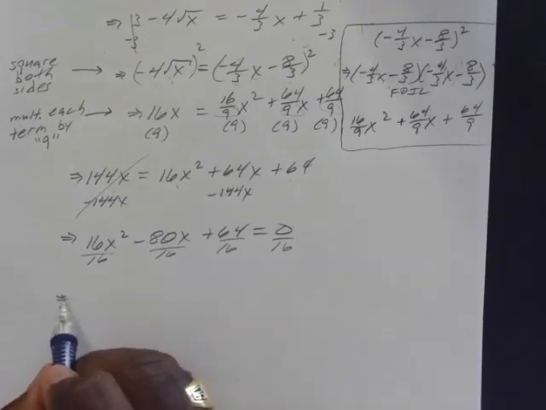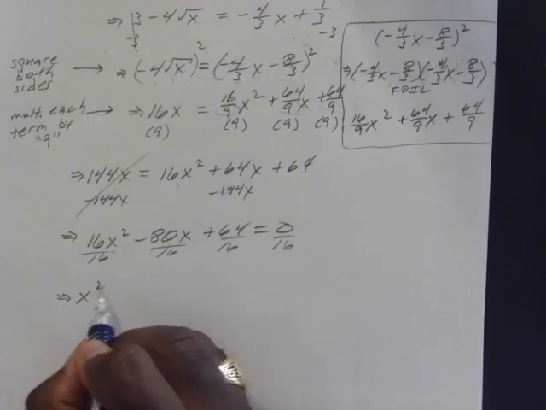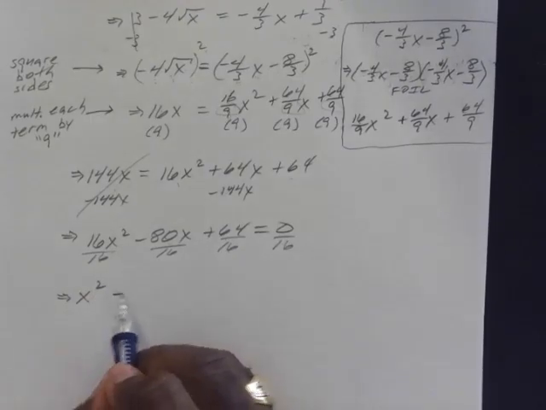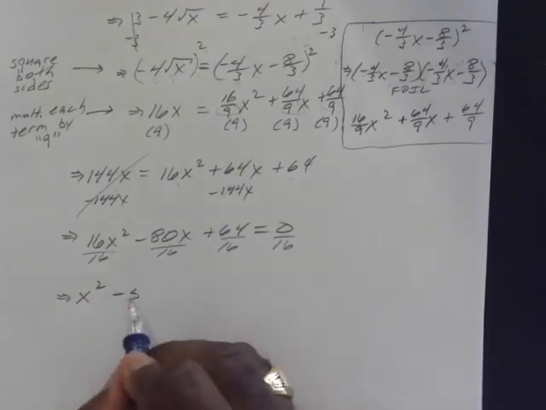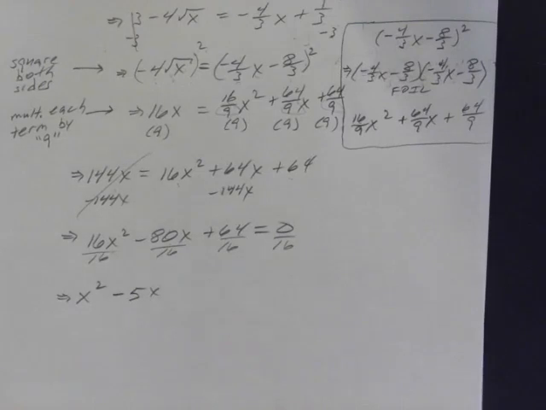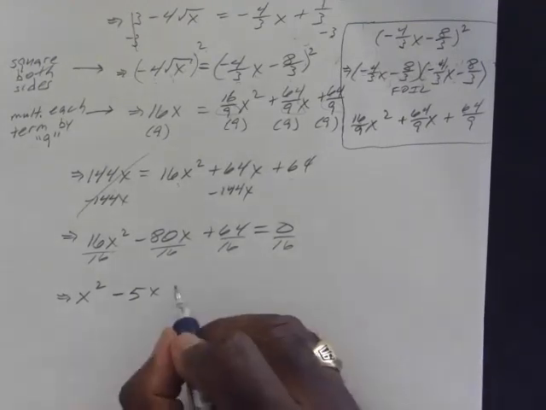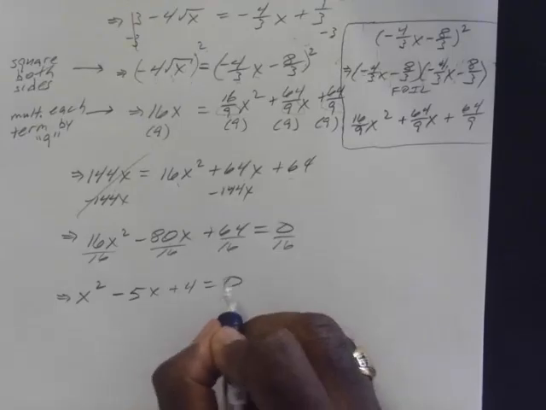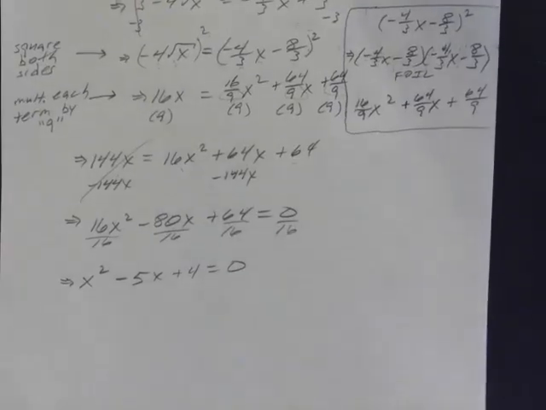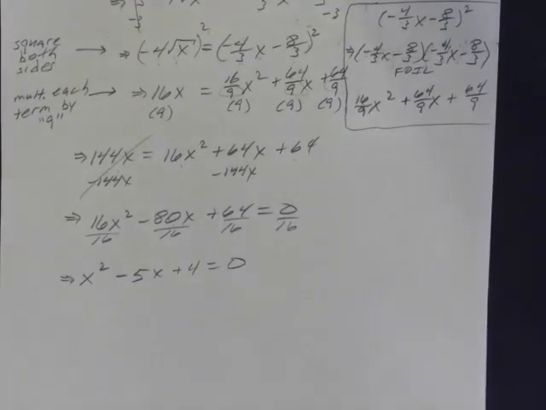Okay. So that gives us x squared minus 5x plus 4, since 64 divided by 16 is 4, is equal to 0, because 0 divided by any non-zero number is still going to be 0.